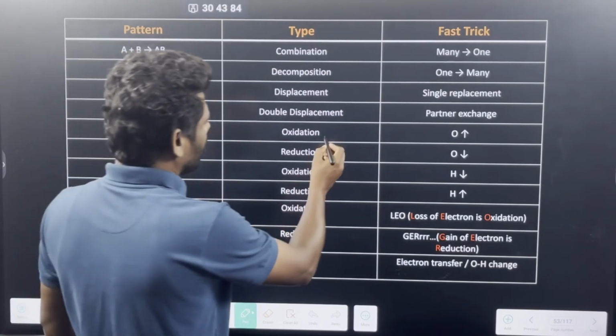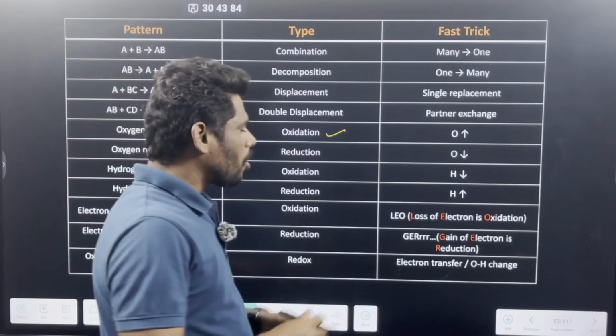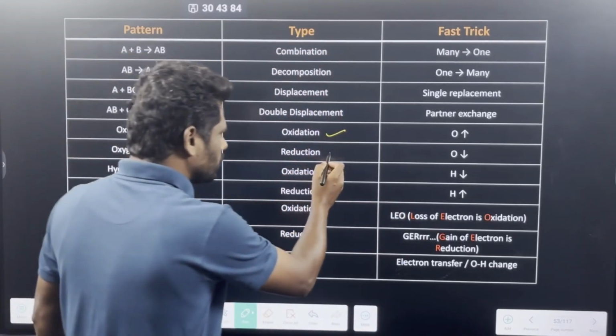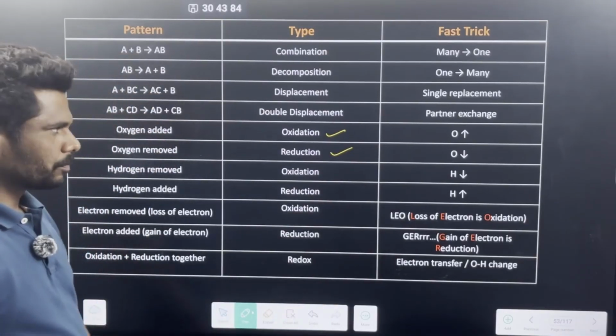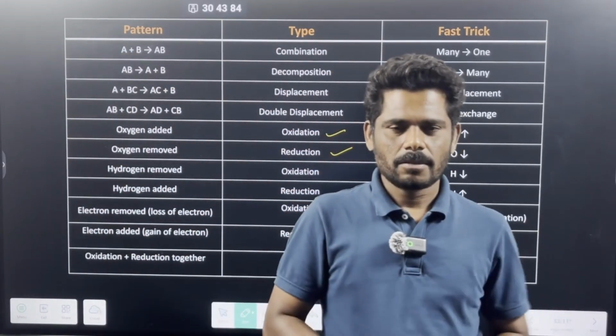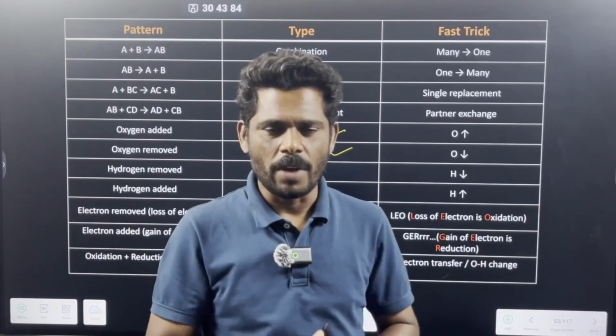Oxidation. We have another kind of reaction called oxidation reaction, and also we have reduction reaction. Oxidation and reduction reactions can be defined in three ways, not simply in one way.